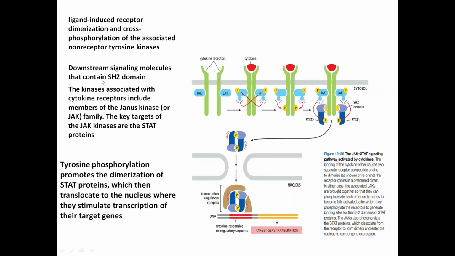Downstream signaling molecules that have an SH2 domain. The SH2 domain was also seen in case of RTK. So everything is similar here. A few differences which I am already highlighting, so you just keep them in mind.